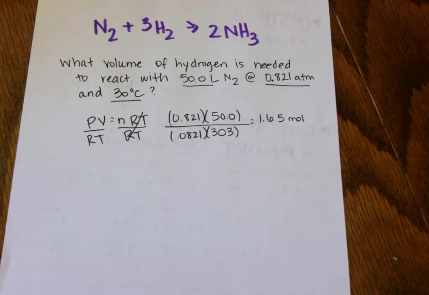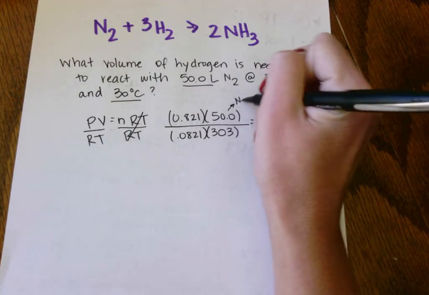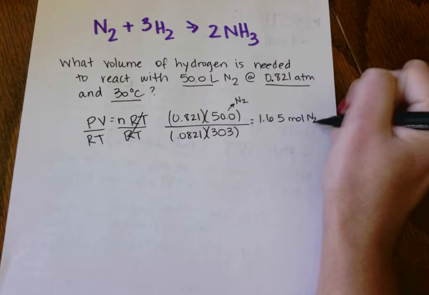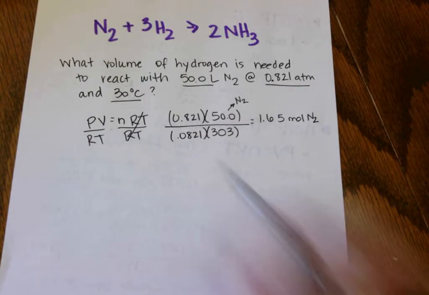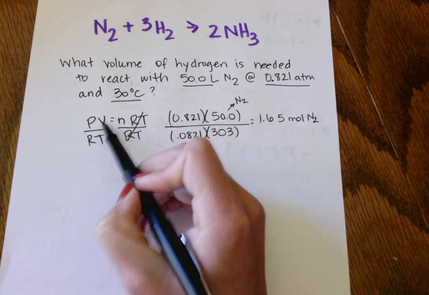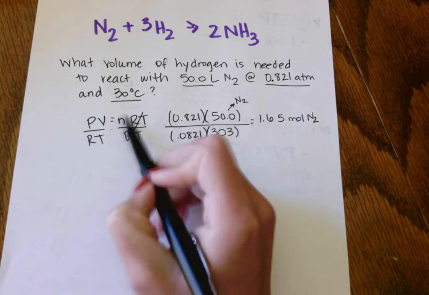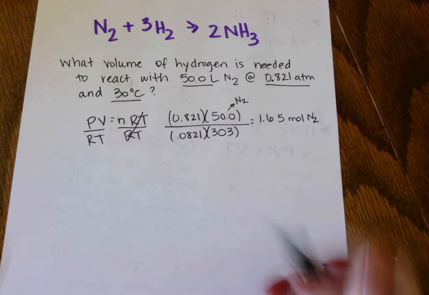But here it's really important to keep track of what substance you have. So because this was nitrogen, this is nitrogen. Okay, you don't randomly solve for moles of something else using PV equals nRT. You're just converting that volume into moles of the same substance. Okay, to change substances, you have to use a mole ratio.